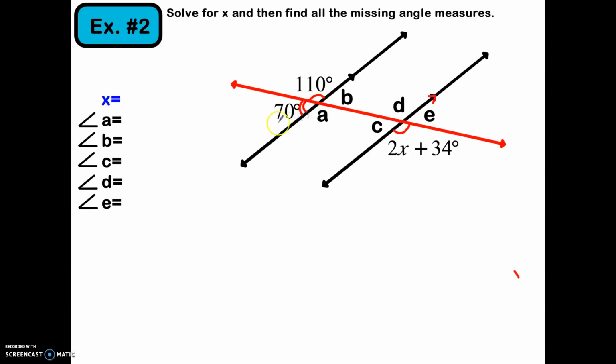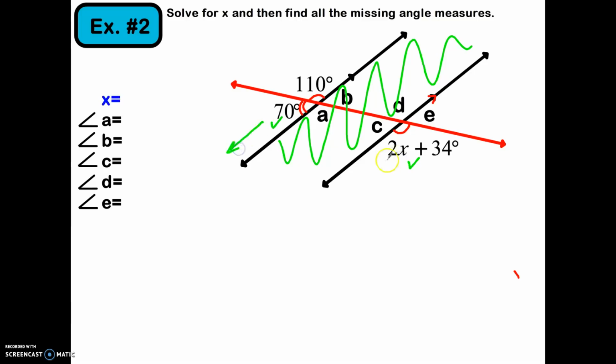If I look at 70 degrees and this 2x plus 34 degrees, these angles are not inside my parallel lines. They're actually outside. Then I'm going to look at my transversal. They are both pointing downward below the transversal. Is there an angle relationship that says that you can be exterior angles on the same side of the transversal?